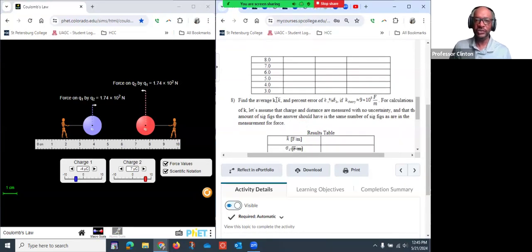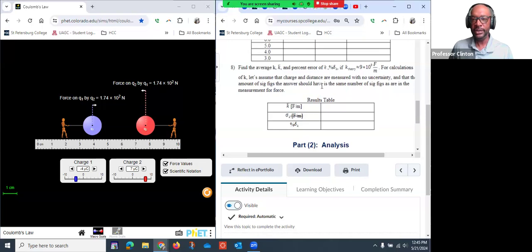You'll find the average K, which is called K bar. And here you're going to find a percent error of K, which we'll call in most of these documents percent delta K. And I think that's a gamma actually.